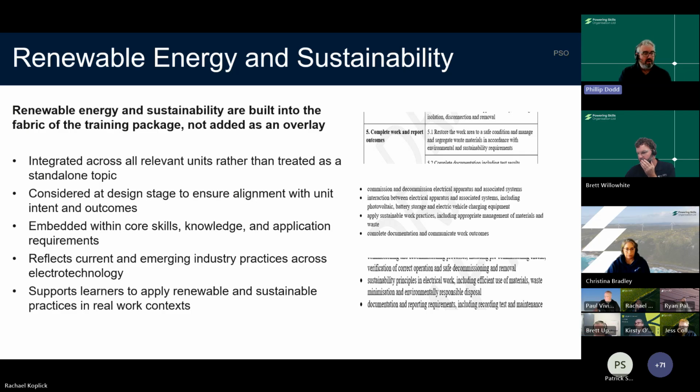So in one of our units, EL47, that is in the current qualification, we've really focused the content on diving deeper into identifying those alternate energy suppliers, and isolating them as well.